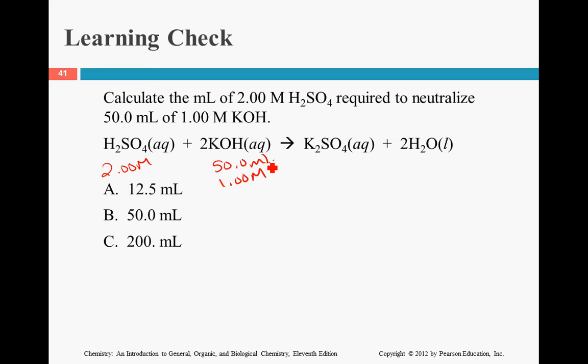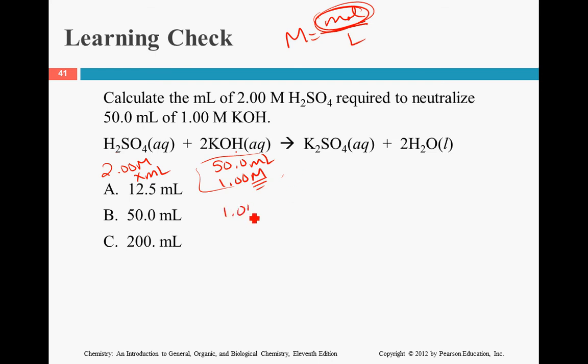Once again, once you have your information written out, notice that we're given milliliters and molarity of the KOH. We're looking for the milliliters of H2SO4. We see we have molarity. Molarity is moles over liters. We can figure out how many moles we have, because in order to go from one compound to another compound, you need it in moles.